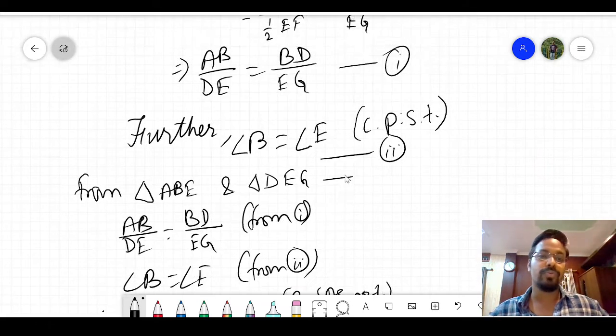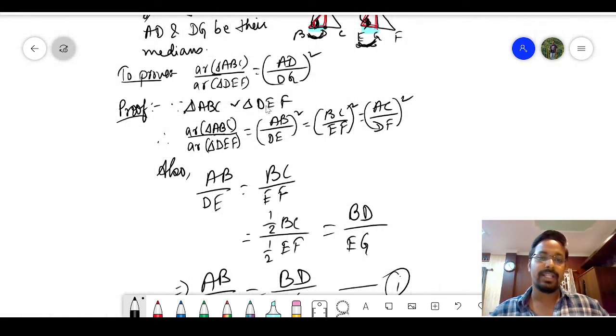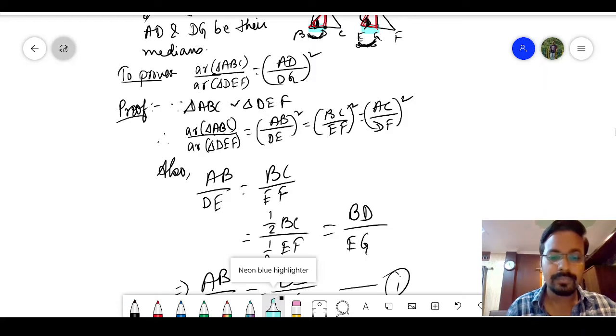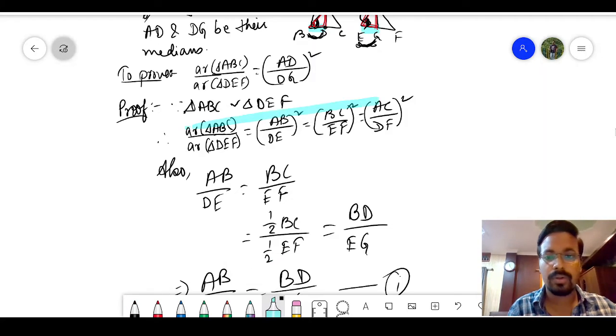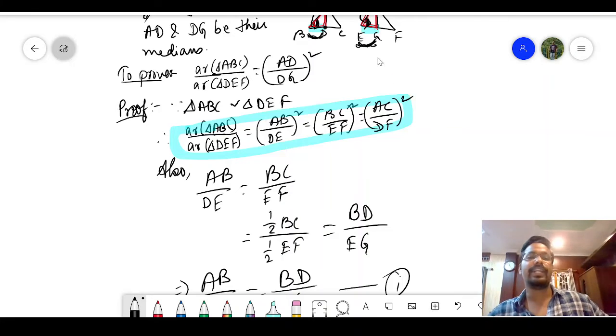Okay, now what is the use of writing these two triangles as similar? What do we need to prove? We need to prove that the ratio of the areas of triangles ABC and DEF is equal to AD by DG whole square. Now what have we shown here? We have shown that the ratio of the areas is equal to AB by DE, BC by EF, AC by DF, right?